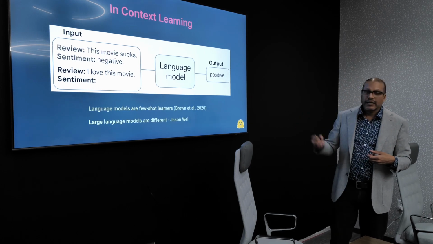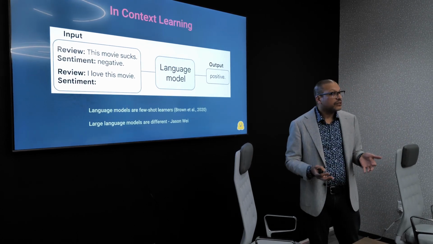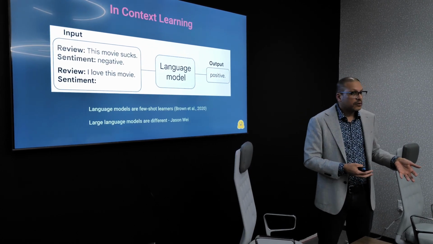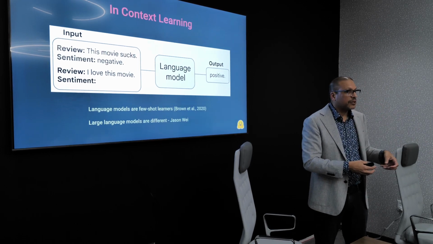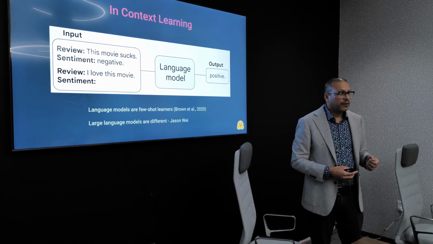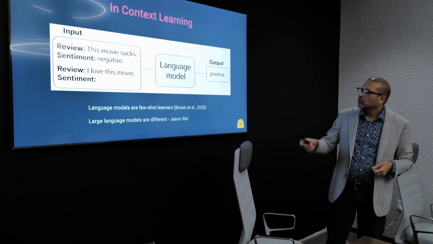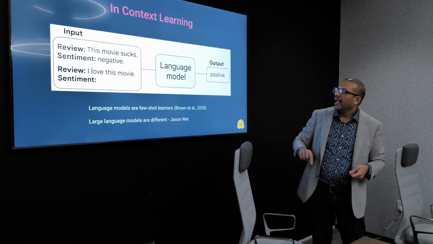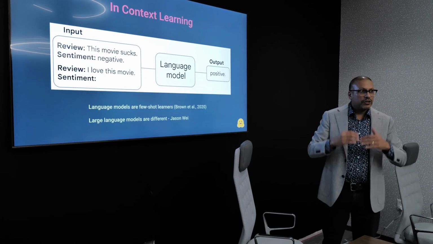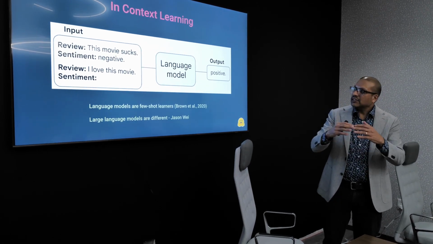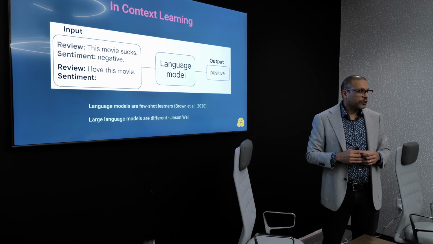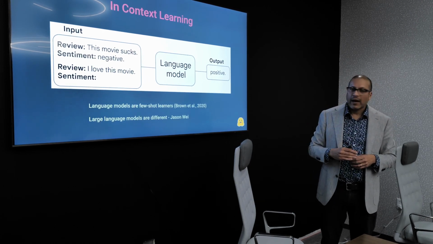So, for example, like a sentiment model. In the past, if you wanted to do a movie review model, you got lots of examples of sentiment that you would train the model on. But with these large language models, what we're able to do is this few-shot learning, which is really cool, where we just tell it, hey, I'm going to give you a review, and this is the type of output I'm looking for: is this negative or positive?